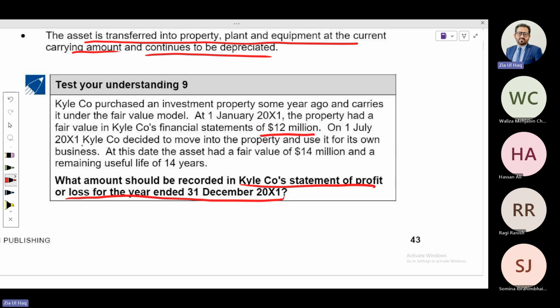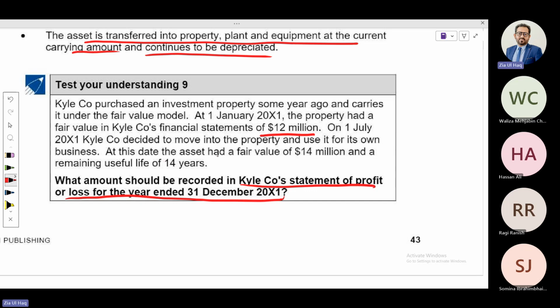On 1st July 2021, KL company decided to move into the property and use it for its own business. Now they are moving the property to PPE. When? At 1st July.